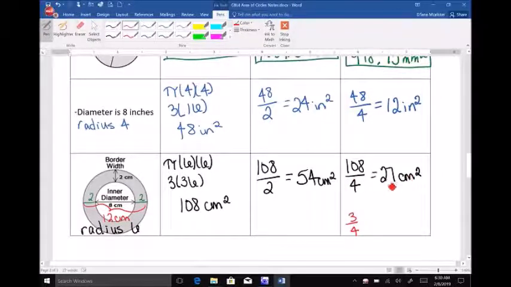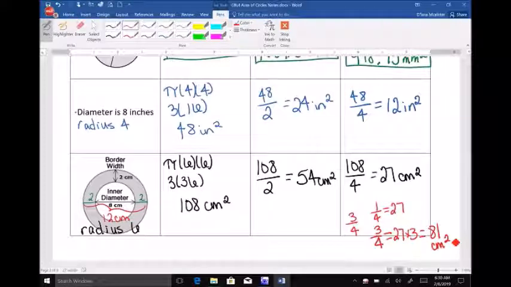So for example, this one here, we divided it by 4, so we know that a 1/4 equals 27, but 3/4 would just be multiplied by 3. So 27 times 3 would give us 81. You do want to make sure that you are paying attention to the details in the problems to make sure you are getting all the steps in. If there are no further questions, you may now begin working on your homework.